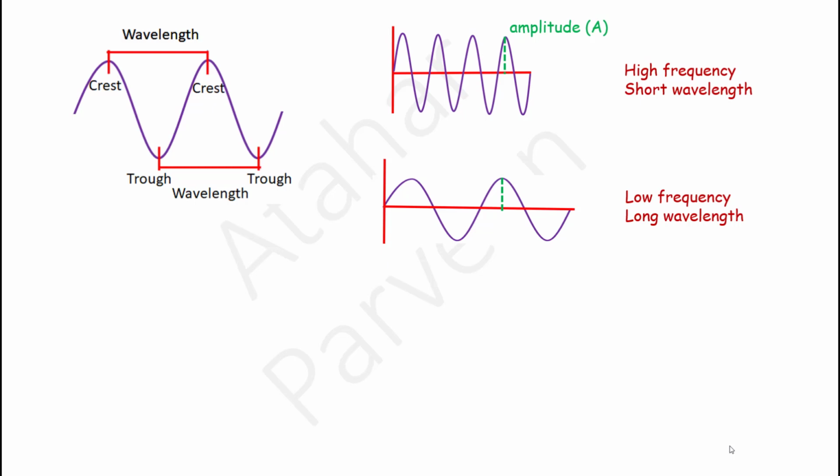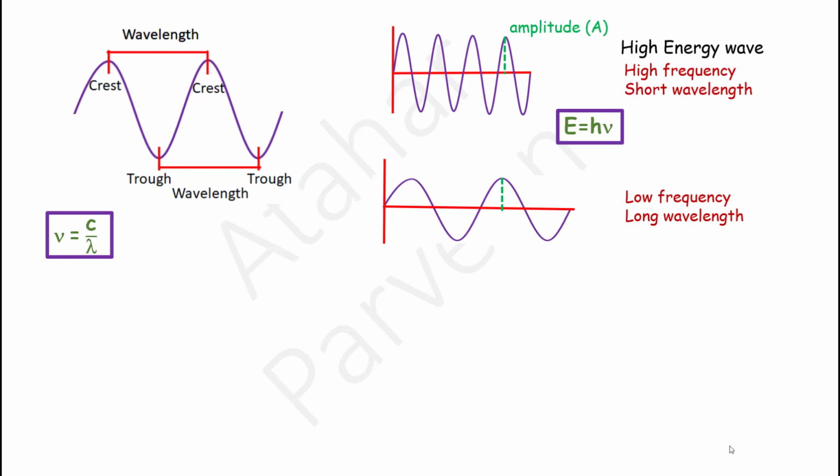If you have high frequency, then the amplitude will be high. If you have low frequency, then your amplitude will be low. Why? Because we told that nu is equal to c upon lambda. Remember, nu is equal to c upon lambda, and your energy is also related to the frequency. Energy is equal to h nu. That means high frequency implies that the wave is having high energy. Low frequency means that the wave is having low energy.